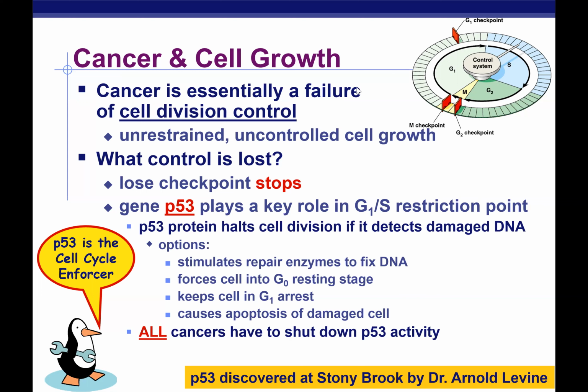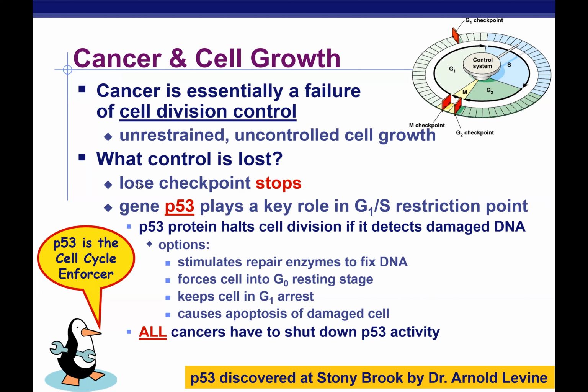This loss of control over cell division can be at this point or this point, and therefore it undergoes uncontrolled, unrestrained cell growth. And basically, what control is lost? These checkpoint stops.